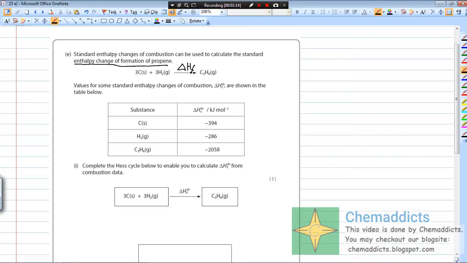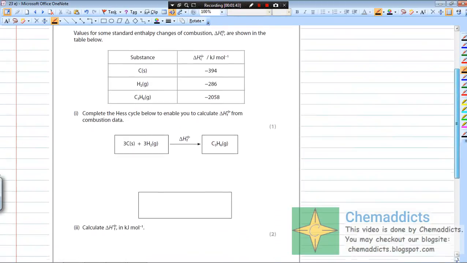This is the standard enthalpy change of combustion of carbon, this is of hydrogen, and this is the standard enthalpy change of combustion of propane. Okay. So in here they said complete the Hess's cycle below to enable you to calculate standard enthalpy change of formation from combustion data.